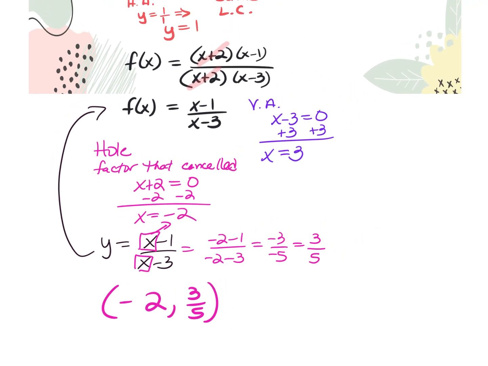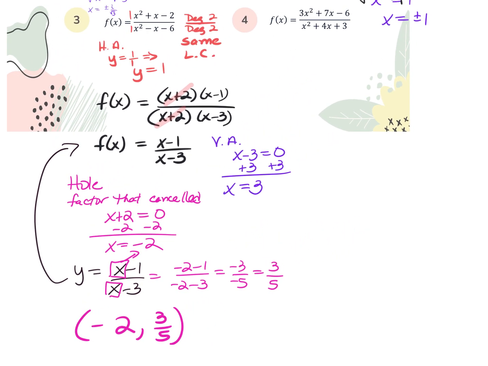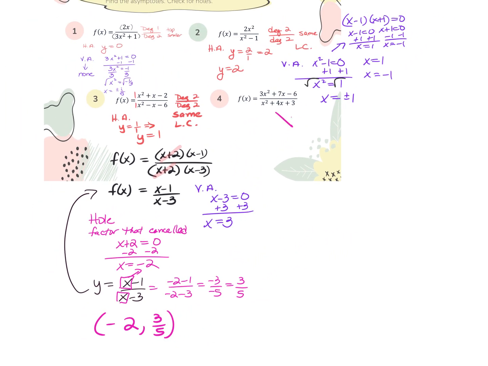Okay, so for number 4, let's do the horizontal first. So for number 4, we're going to look at the degrees. So for the horizontal, we look at the degree of the numerator. So the numerator degree is 2.